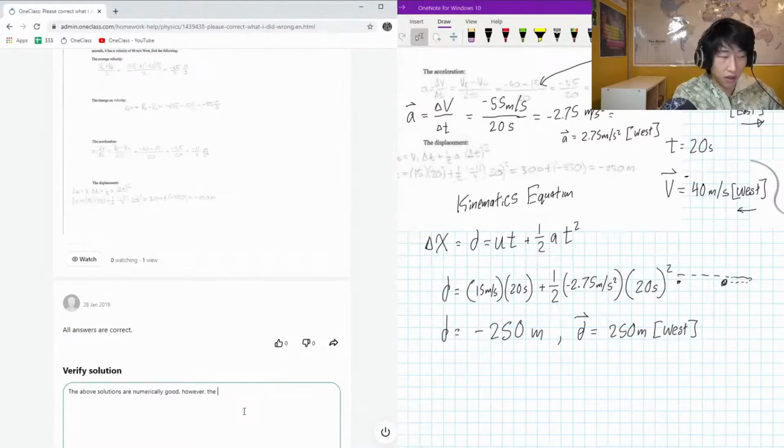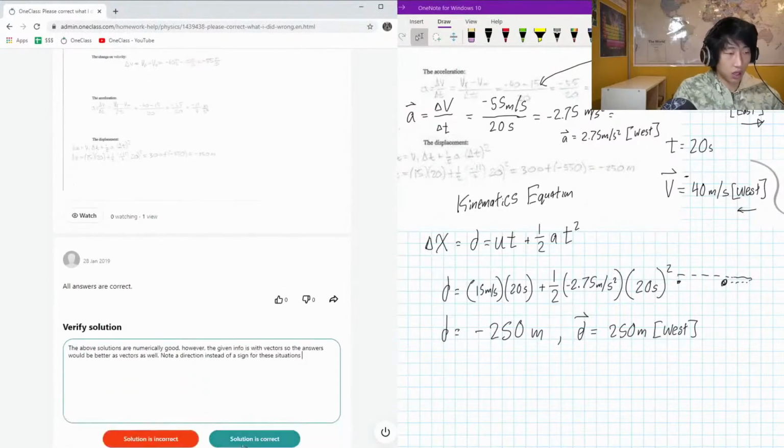However, the given info is with vectors, so the answers would be better as vectors as well. Note a direction instead of a sign for these situations. Cool.